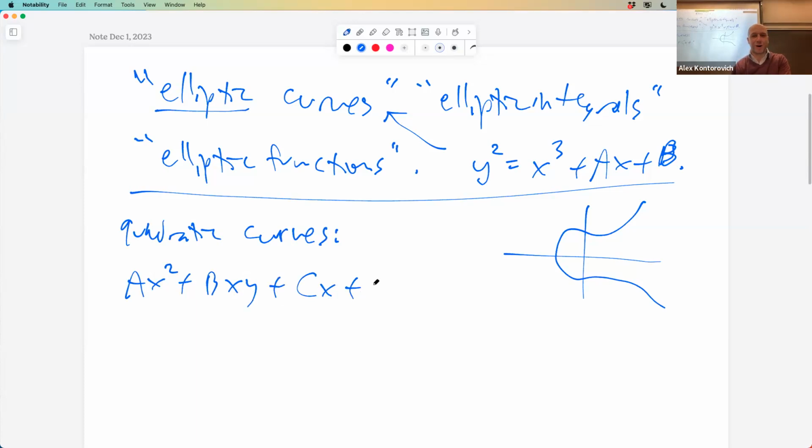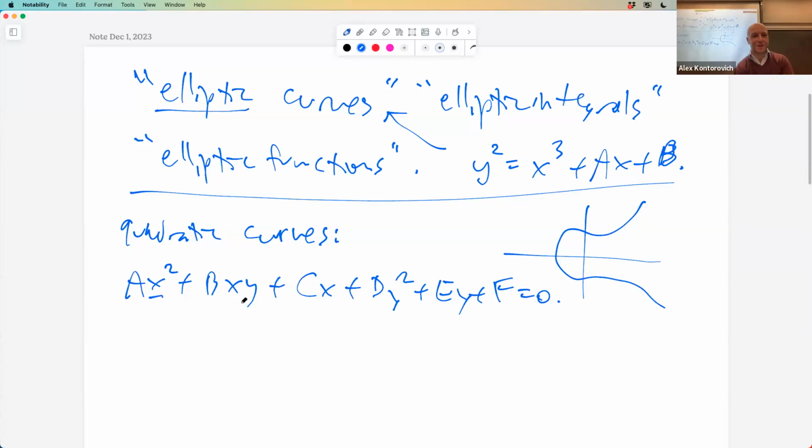What can I do with y's? I can do y squared. I've already used xy, so now I have a y, and then I think that's it. And now I have a constant, equals 0. That's the most general possible thing you could write down with degree at most 2. No homogeneity, nothing, it's just a curve.